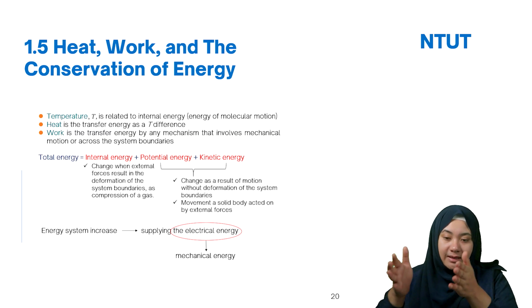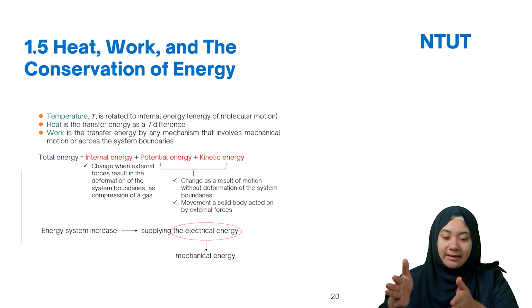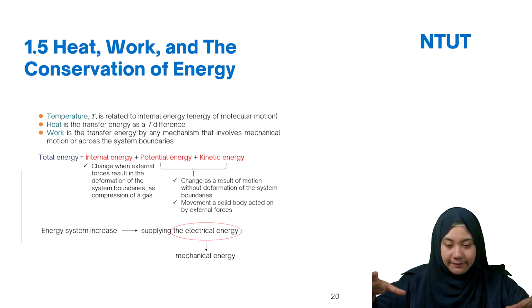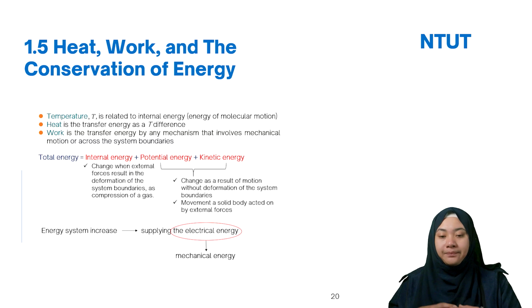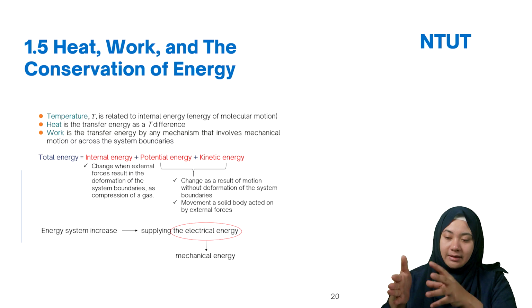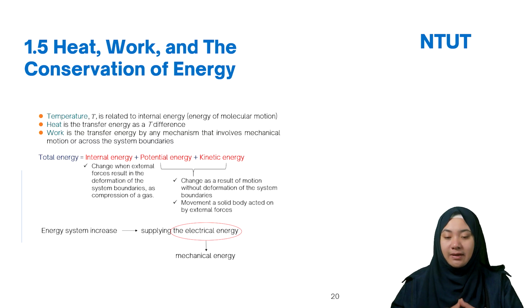For example, a piston is flexible and moves from a short space into a large space, so it deforms the system. But for potential and kinetic energy, the system does not deform; they do not change even with deformation of the system or movement of a solid body from external forces.